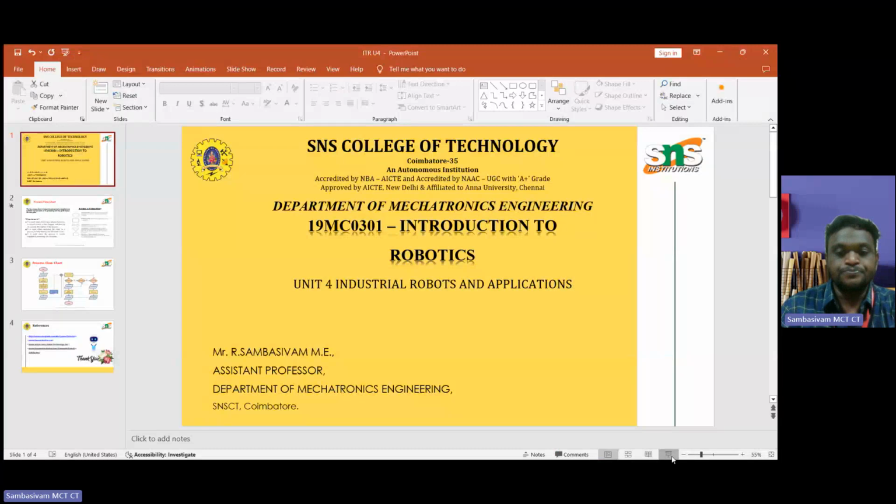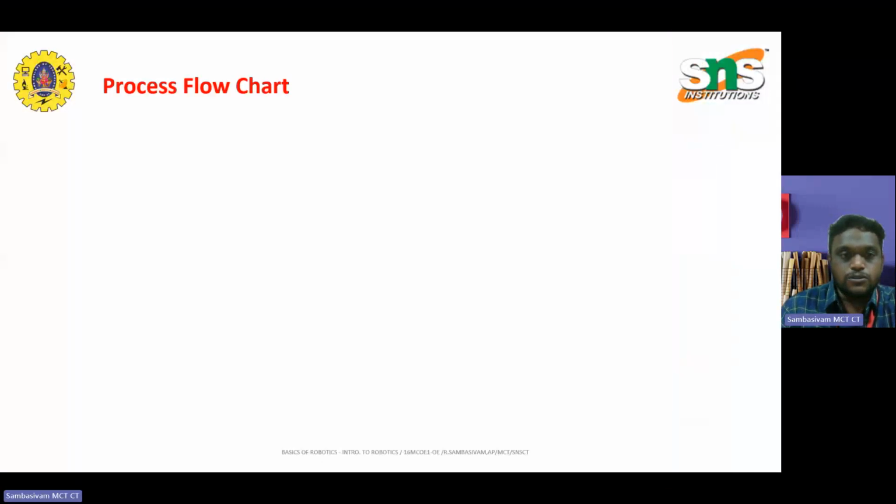Before we go into the topic clearly, I would like to show a presentation on the process flow chart. Everybody knows the process flow chart is a technique that appeals to visual learners, as it graphically represents the programming task. It forces students to think logically about the entire problem rather than relying on guess and check.